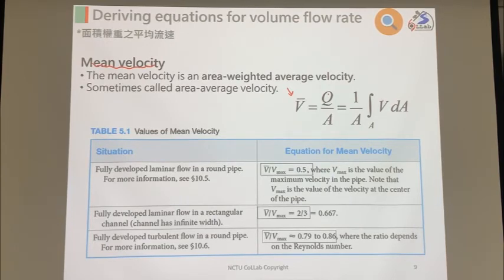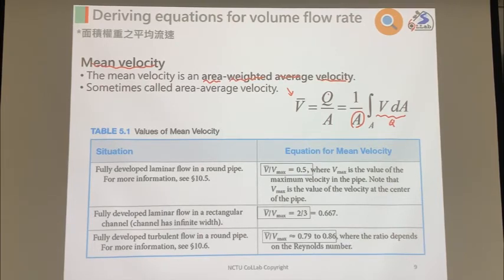You see here, we have the V and the dA, and this is the Q, right? And the Q divided by the total area, we call that the mean velocity. So the physical meaning is the area weighted average velocity.